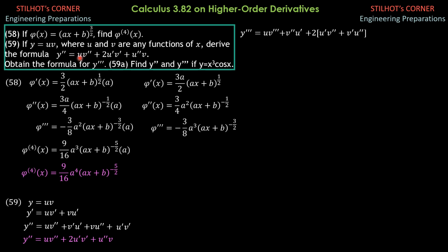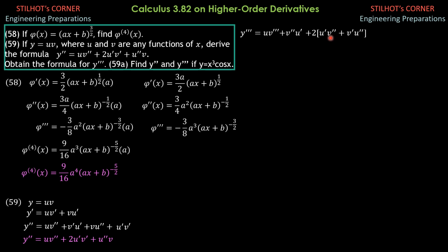So first, derivative of v double prime is v triple prime. Then plus second, v double prime derivative of first u, which is u prime. Then this is derivative of product, so I factor out 2. 2 times quantity, first u prime, derivative of v prime, v double prime.